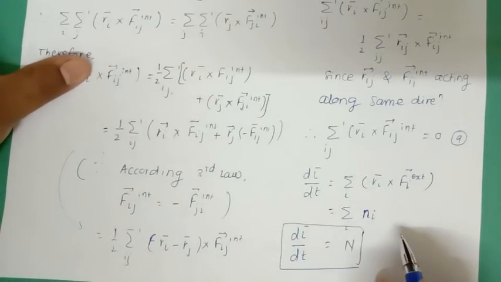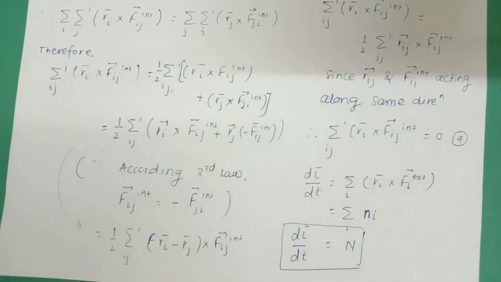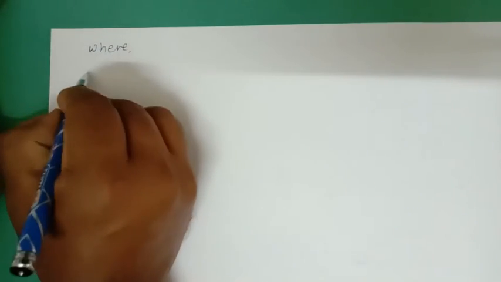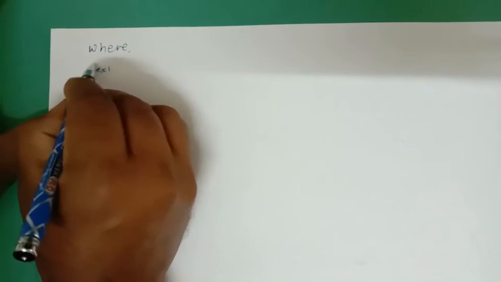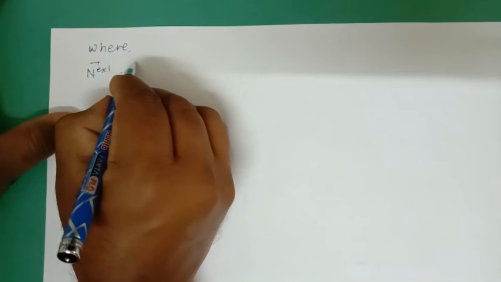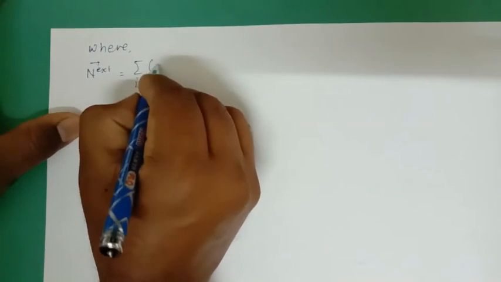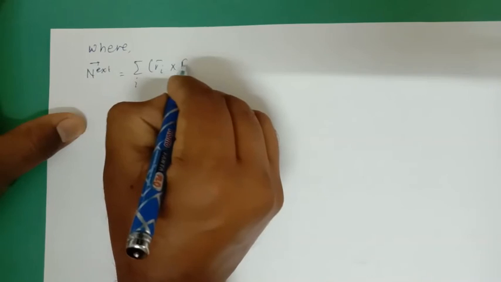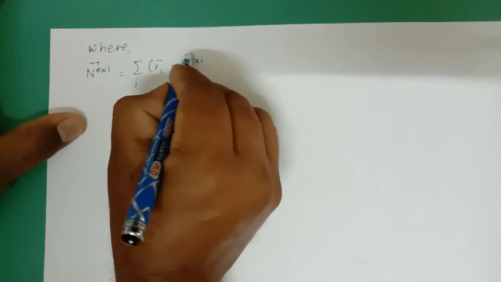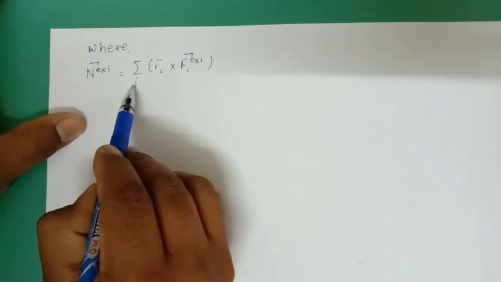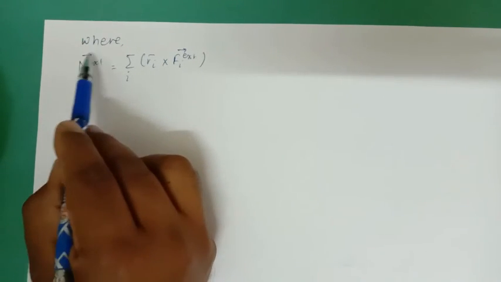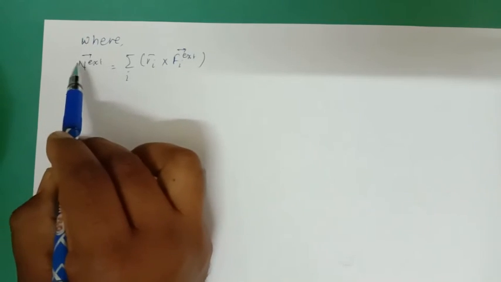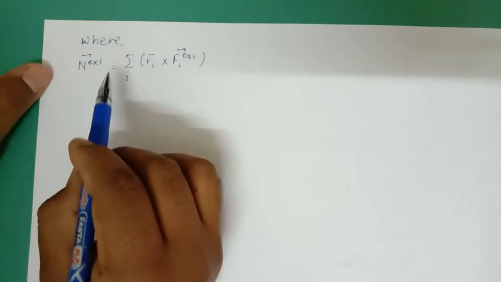We already know this equation from basic physics. N, that is the external torque acting on the system, is equal to the summation over Ri cross Fi external force. Since this is a sum over the ith particle, this is the total torque acting on the system.